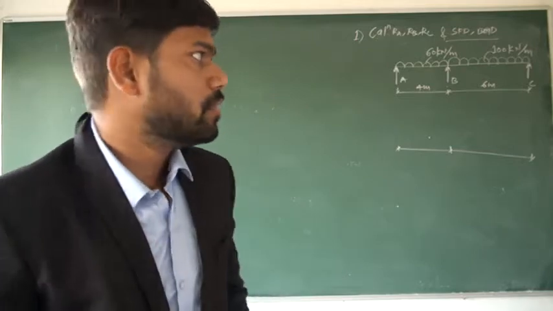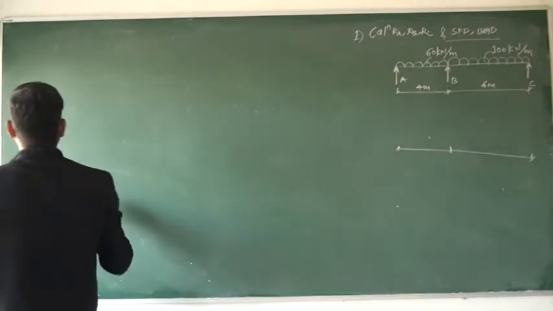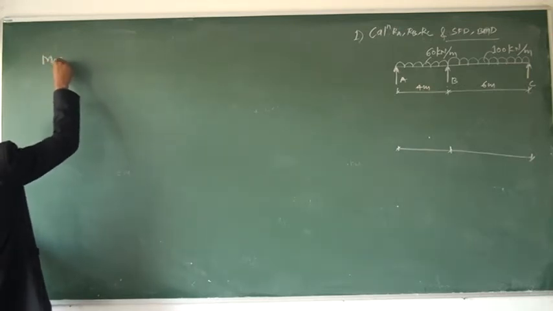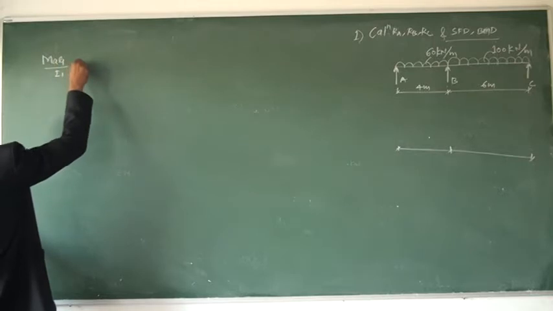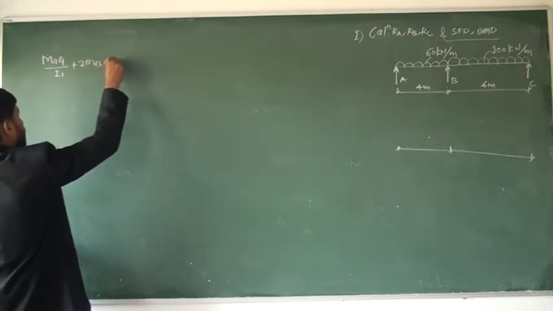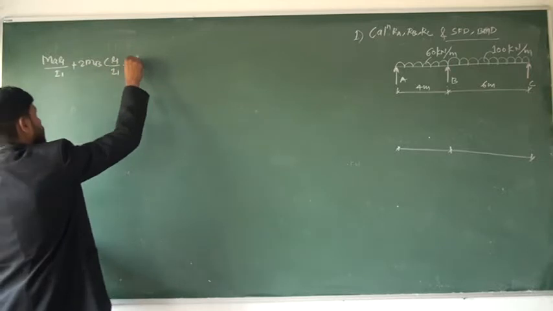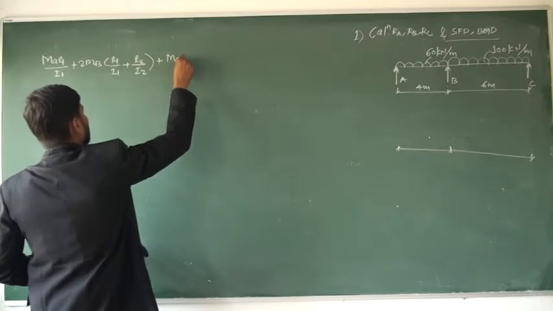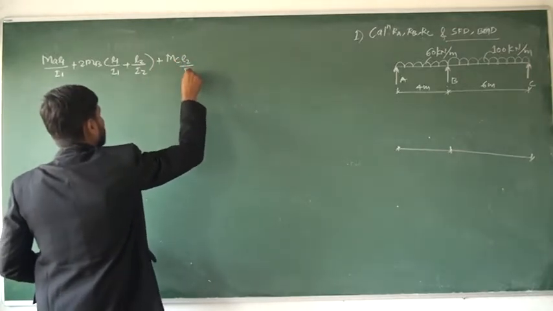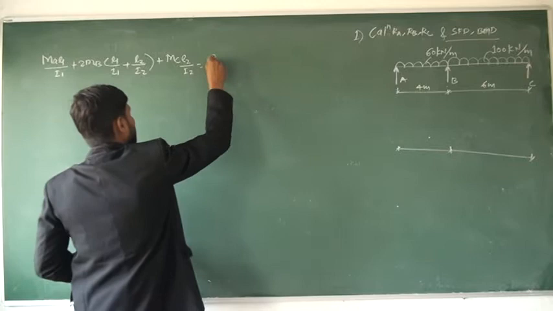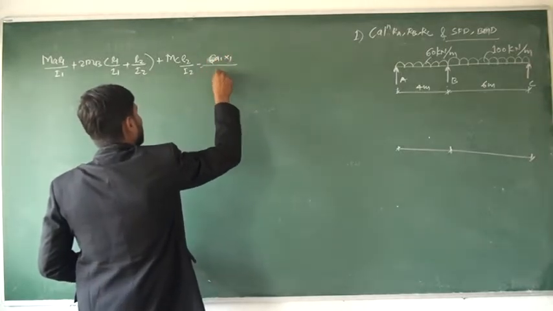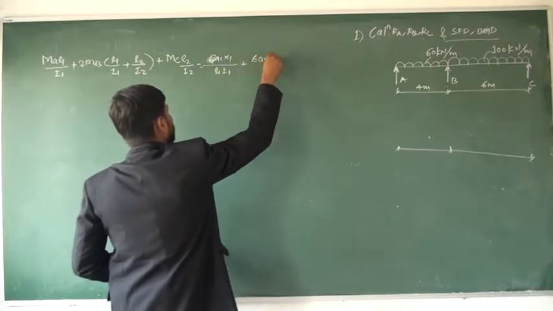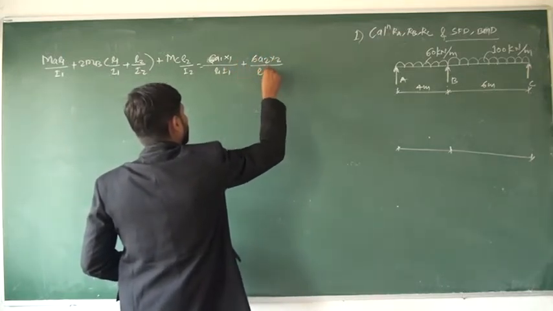Again, here also we have to apply the three moment theorem, TMT, that is MA into L1 divided by I1, plus 2MB into L1 divided by I1 plus L2 divided by I2, plus MC into L2 divided by I2, is equal to 6A1X1 divided by L1 I1 plus 6A2X2 divided by L2 I2.